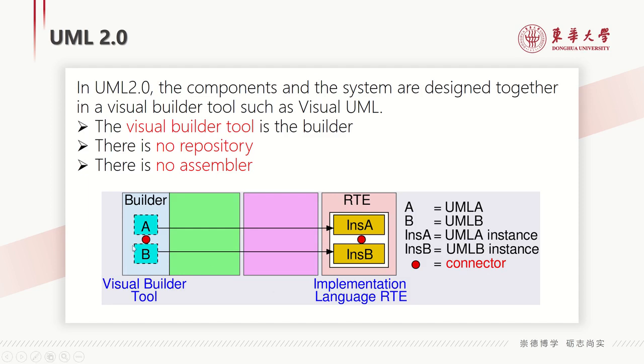For example, if I'm using C#, we use UML to design the architecture, and use C# to implement this architecture, to realize the design. So here C# is the implementation language. This is how we use UML 2.0, and that's why UML 2.0 belongs to category 1.